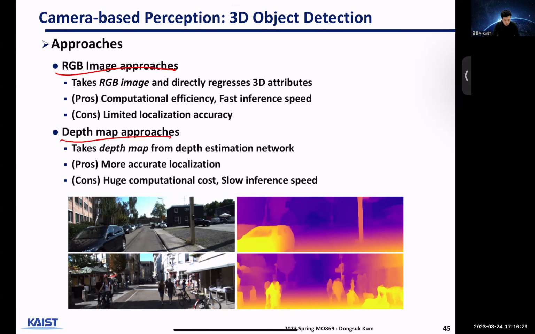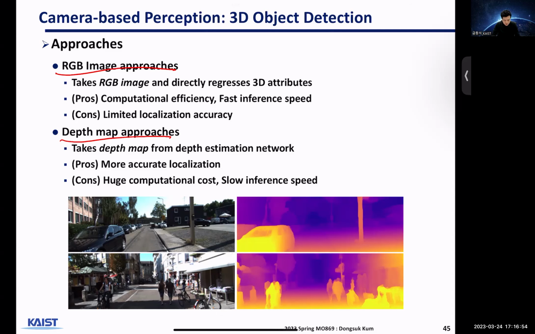Depth map approaches usually take a depth map from a depth estimation network, and you use a different detector head. An advantage of this approach is more accurate localization results.